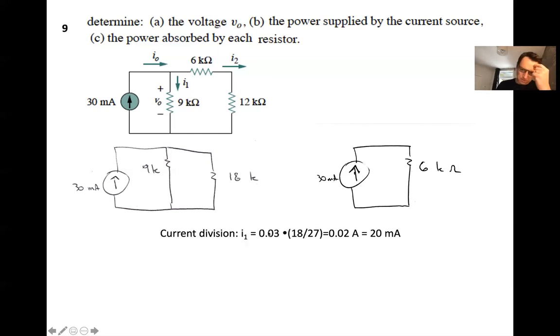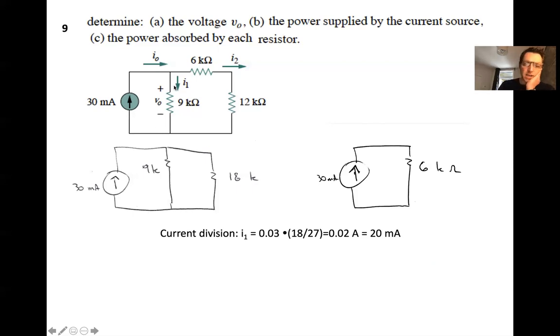Now let's apply our current divider rule. This is the 30 milliamperes, multiplied by 18 and divided by 18 plus 9. That's equal to 2/3 of 30 milliamperes, which is 20 milliamps, the current that flows down here. That's I1.